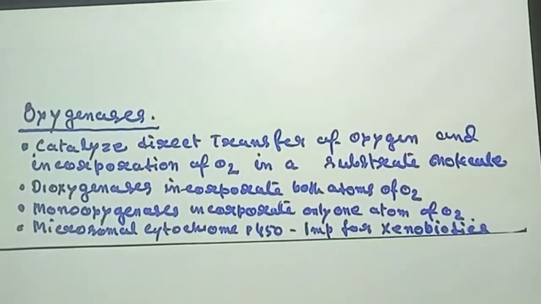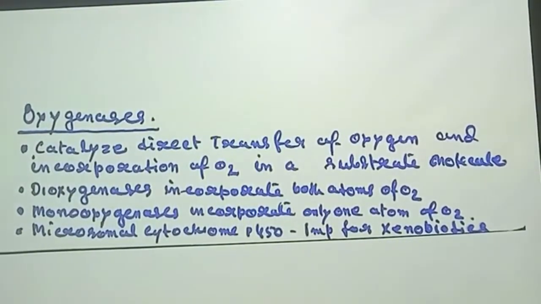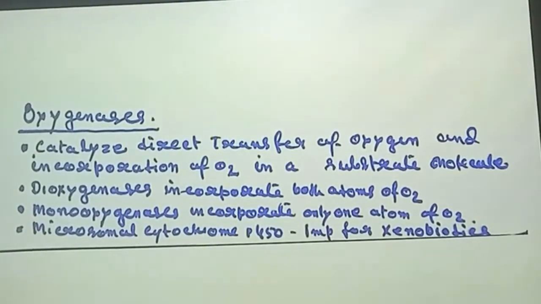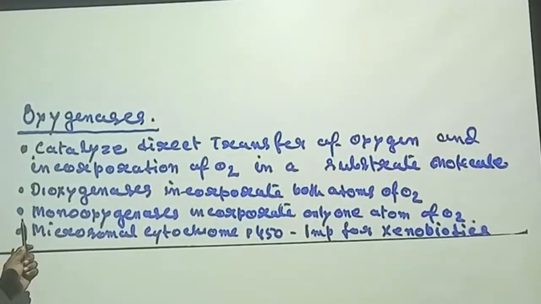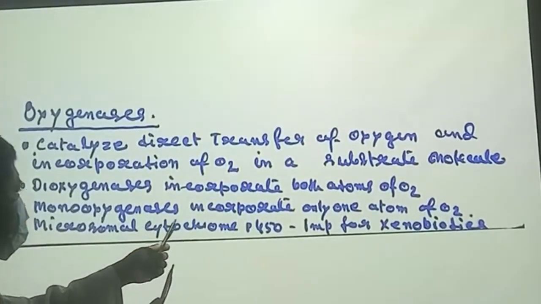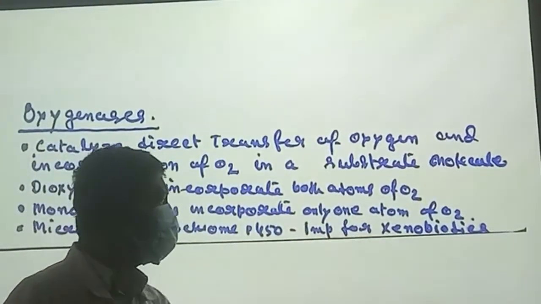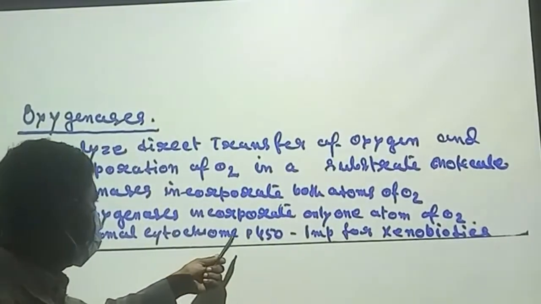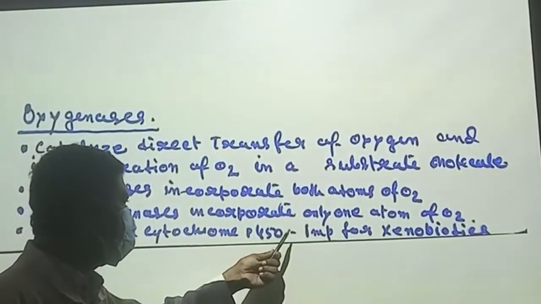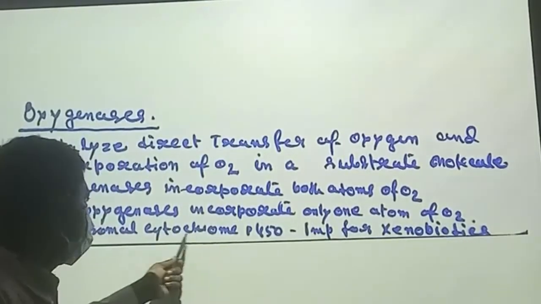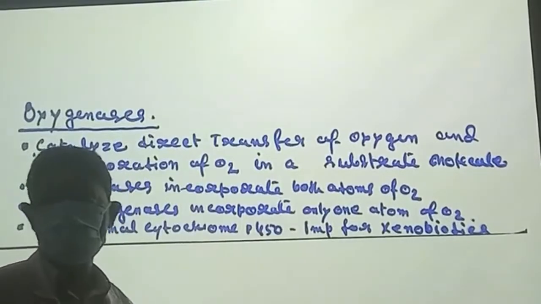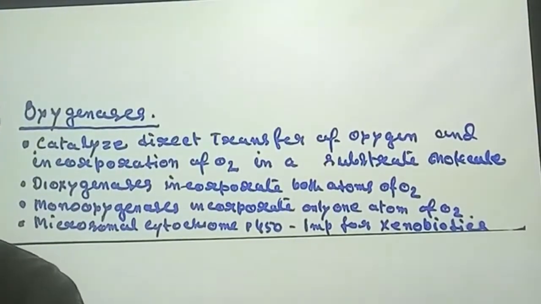You will find this in xenobiotics, and in other pathways as well. The monooxygenases incorporate only one atom of O2. Microsomal cytochrome P450, involved in xenobiotic metabolism, is very important, and you will learn it in that chapter.